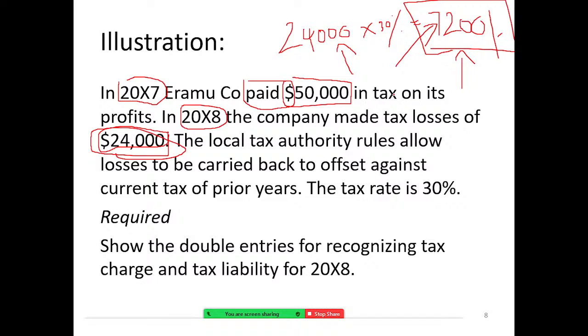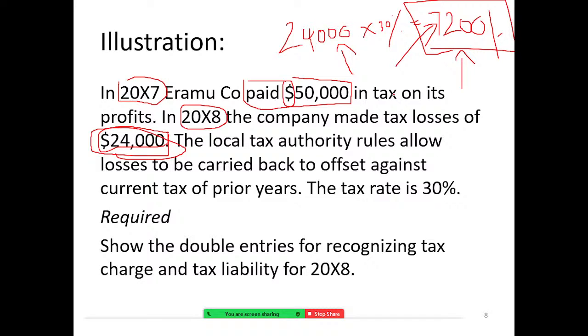You can charge that tax expense in the PL account, the income statement. So income statement, PL account is debit, and tax payable is credit. Normally you write double entries for tax expenses.